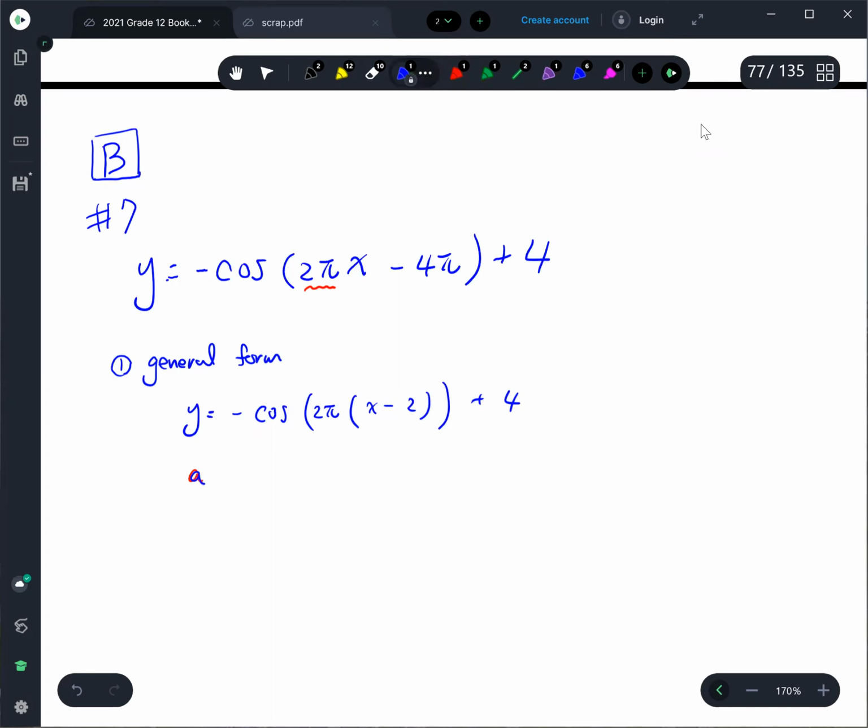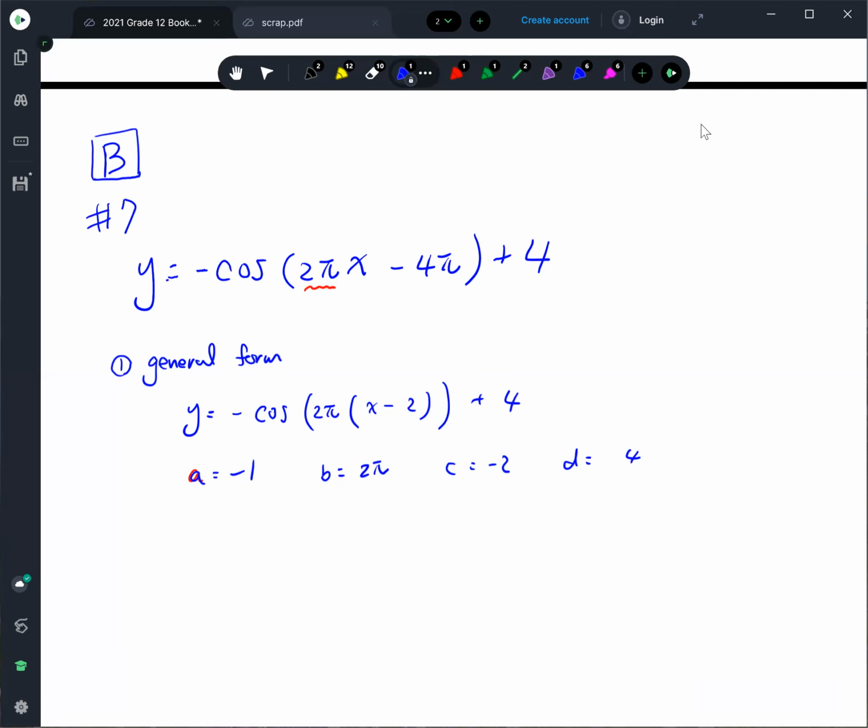All right, Caleb, can you tell us what's the ABCD here? The A is -1, B is 2 pi, C is -2, and D is 4. Okay, so this is the mistake I noticed in your homework, okay? For the C, you have to change the sign, okay?